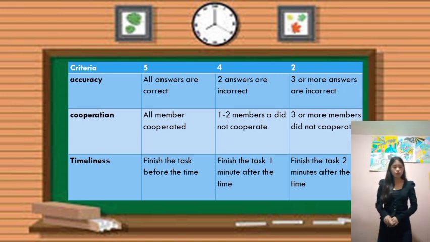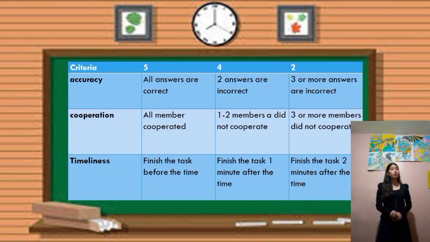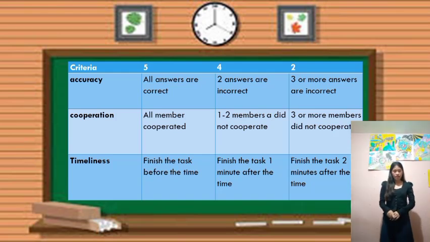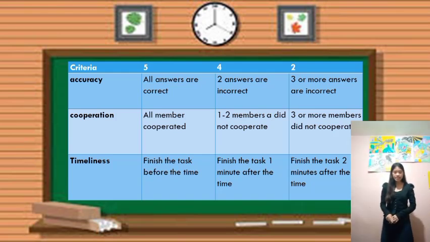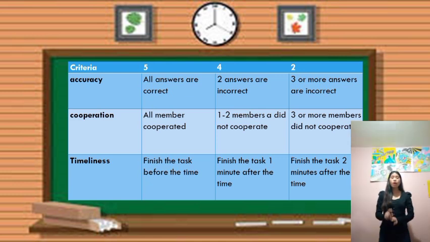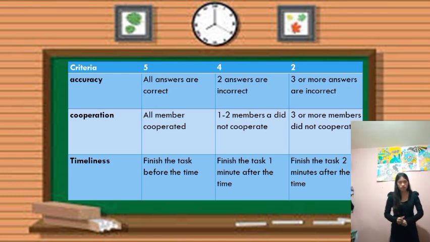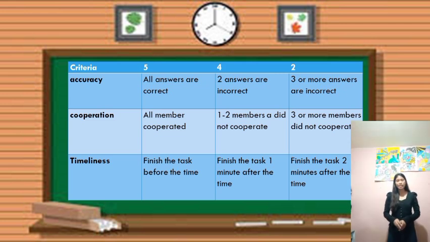In group 2, what is your score? Okay, 4. In cooperation, I can see that all your members cooperated, so I will give you 5. In timeliness, you finished your task before the time, so I will give you 5. The total score of group 2 is 14.